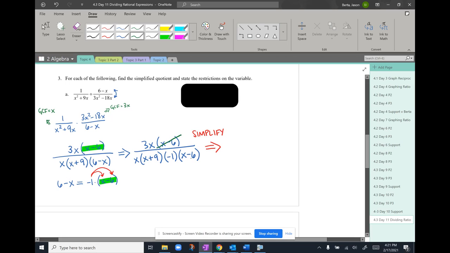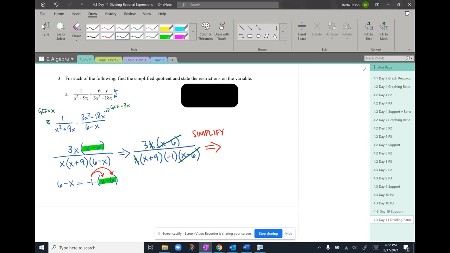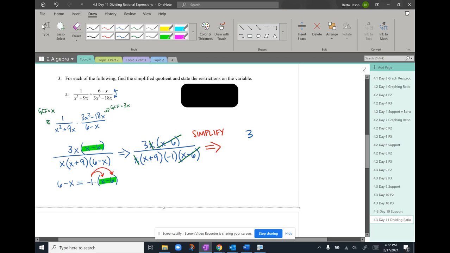I see that I have x minus 6 in both the numerator and denominator. I also see that I have a single x in the numerator and denominator. And that leaves me with a 3 in the numerator, a -1, and an x plus 9 in the denominator.